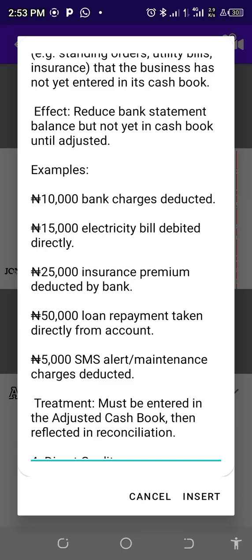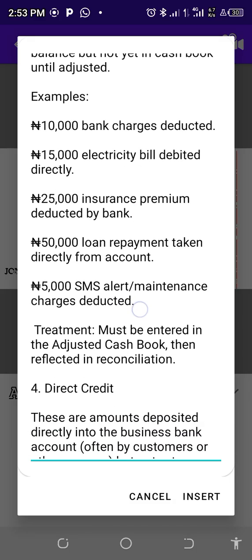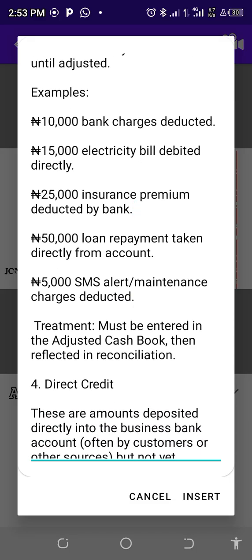But how do you treat these direct charges? They must be entered in the adjusted cash book. And where do they go in the cash book? In the adjusted cash book they go to the credit side. So all direct debit transactions from the bank will go to the credit side of the cash book.